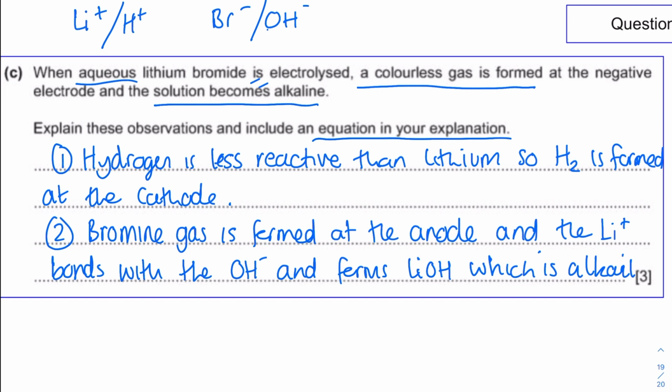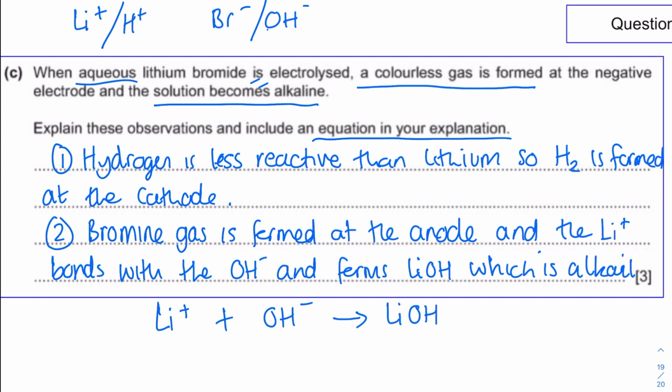In this case, we can have any of the half equations, or we can have the full ionic equation, or we can have the formation of lithium hydroxide. So why don't we do that? Li+ plus OH-, lithium hydroxide, makes LiOH. That would be one equation that would work.